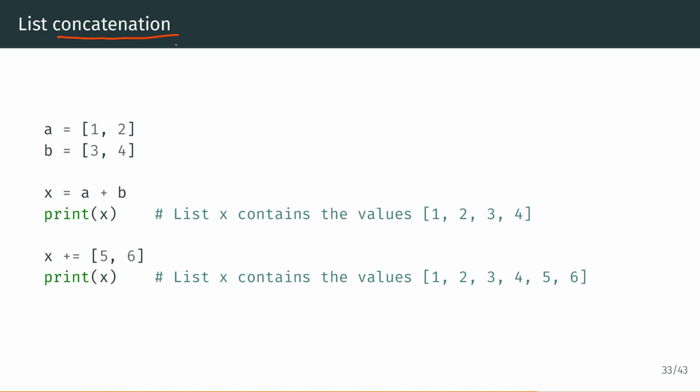As the name suggests, given two lists, A and B, the concatenation of the lists will give you a new list that is essentially the two lists joined together.